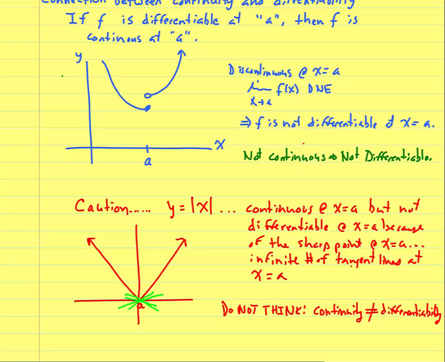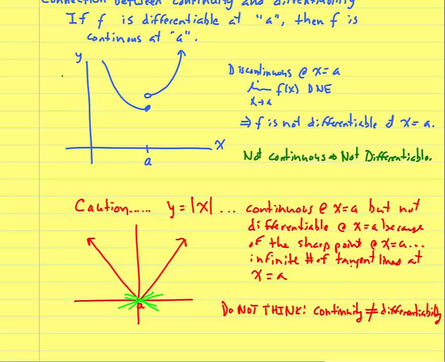I can't switch it the other way. Now if you want to think about these, there's actually a logical thought process here. You can talk about a contrapositive of a statement, but you have to be really careful about how we talk about the opposite. So again, be very careful. This is our consideration of a graph that is continuous but not differentiable at a particular point a. So don't think continuity means it's differentiable at a point. It depends on what's going on at that point.